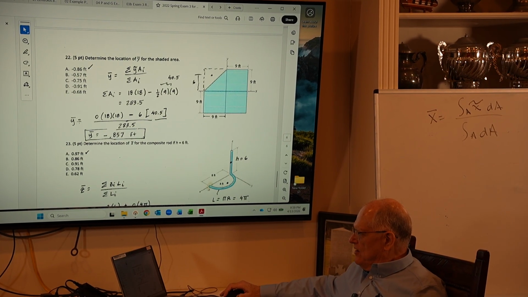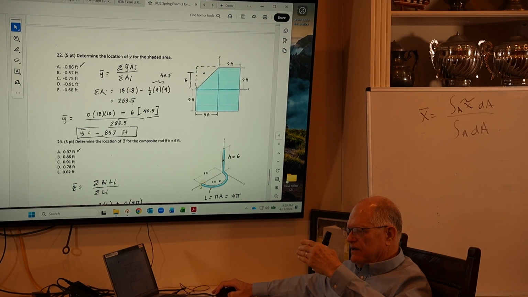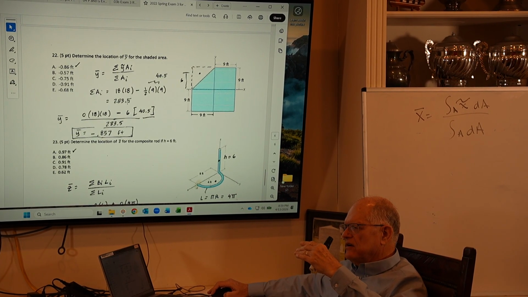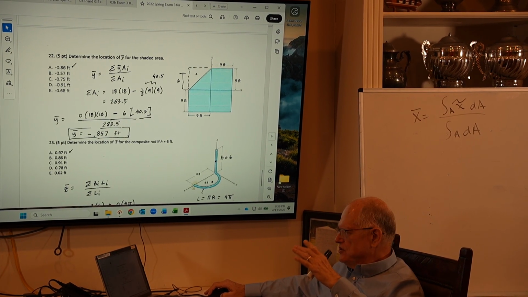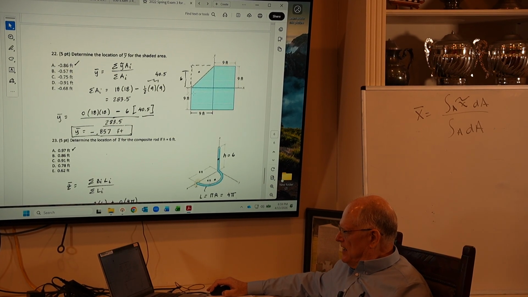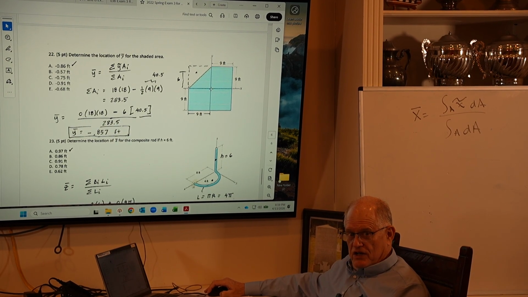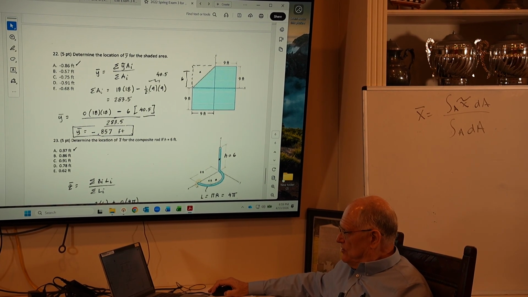And then the y bar is the sum of y tilde times area for the shapes, divided by the total area. But the whole 18 by 18, his centroid is at 0, so his y bar is 0. So this first term is 0.